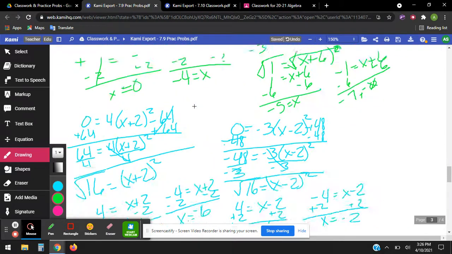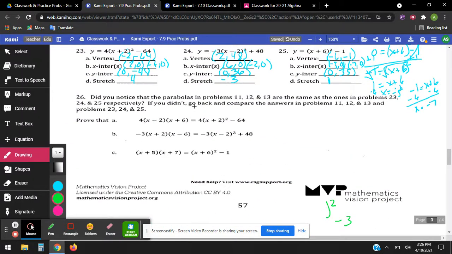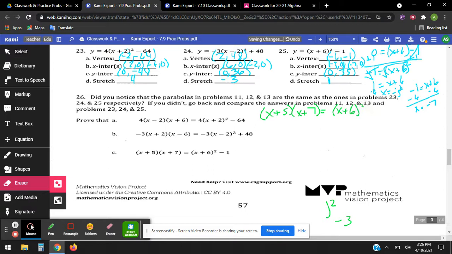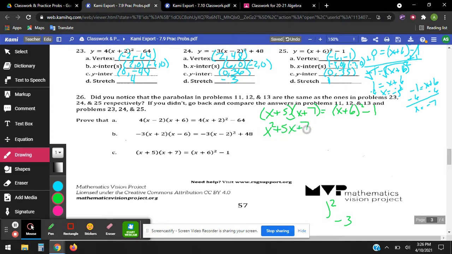All right, big finale, letter C. So here, I'm going to rewrite this just off to the side. (x plus 5)(x plus 7) equals (x plus 6) squared minus 1. So I'm going to work this one out. x squared plus 5x plus 7x plus 35 equals x squared plus 12x plus 36 minus 1.